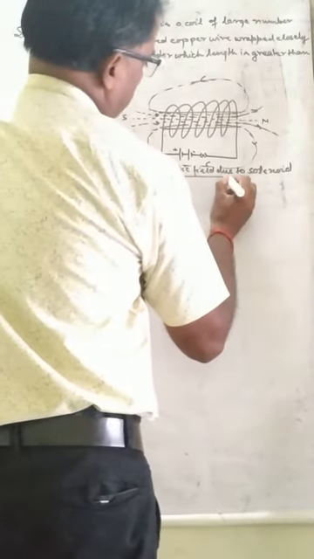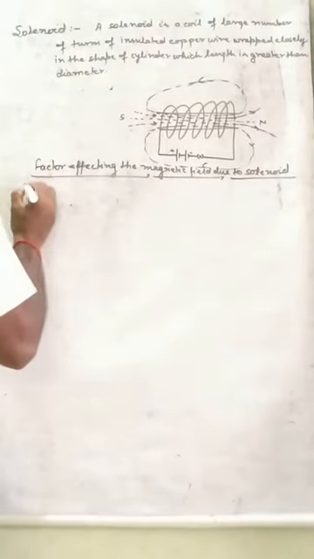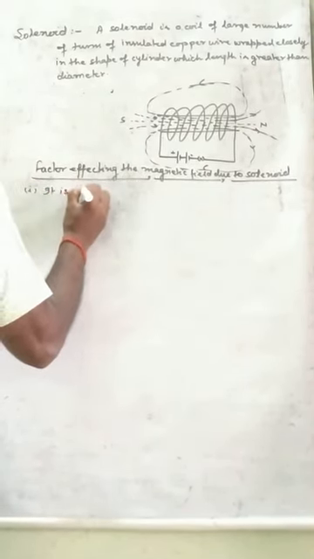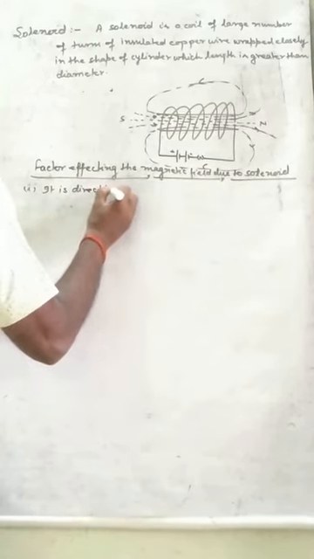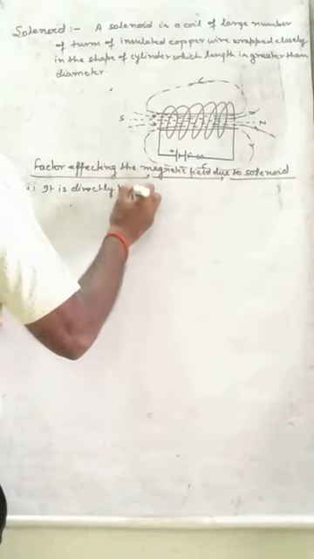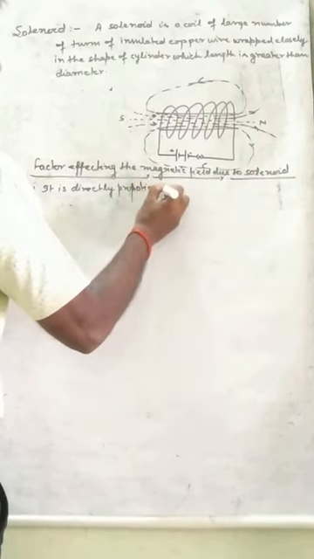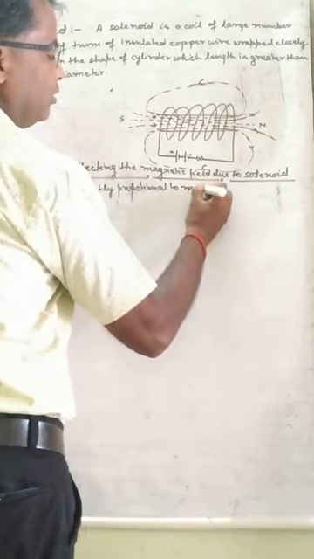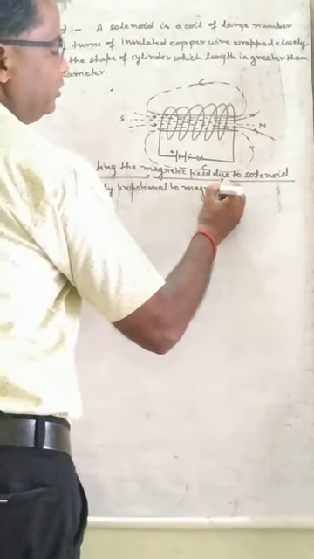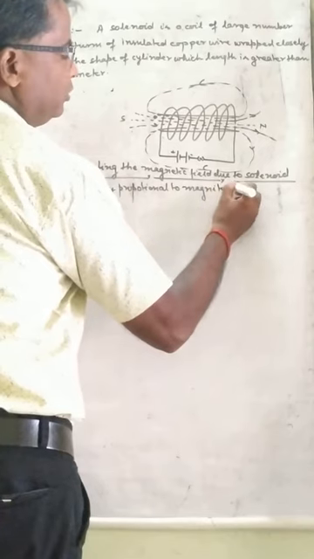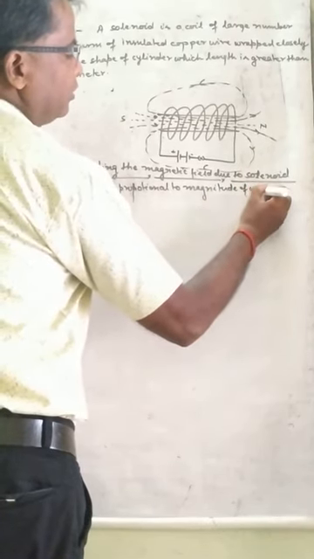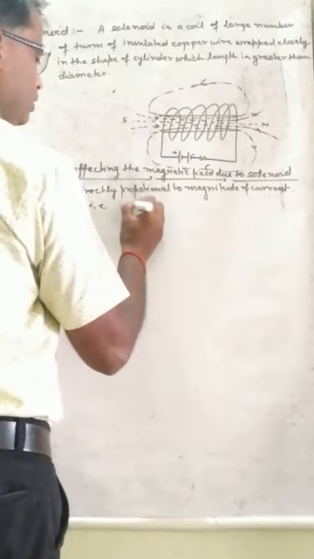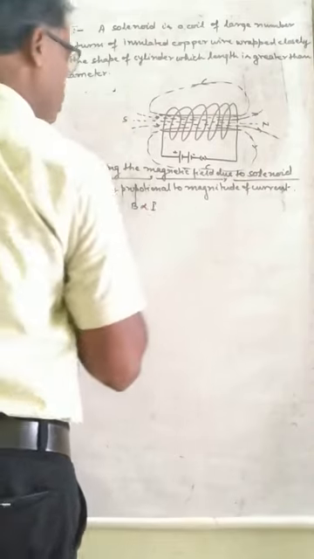First factor, the same one. It is directly proportional to the magnitude of current, that is, B is directly proportional to I.